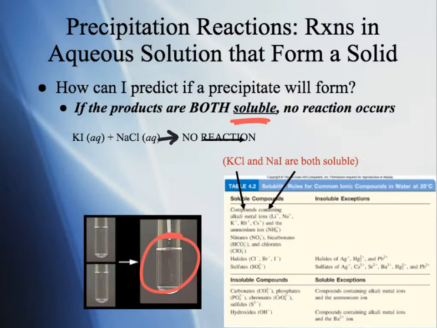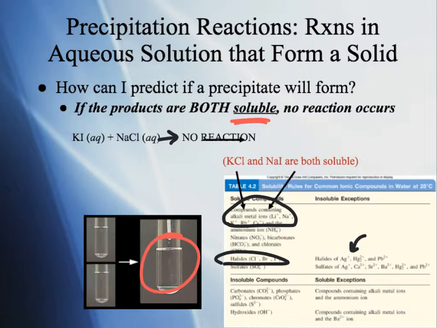So for example, potassium iodide and sodium chloride. Both of these fall under compounds that contain an alkali metal, and they're halides, which are usually soluble, and none of the exceptions apply here. So that means there's going to be no visible reaction.